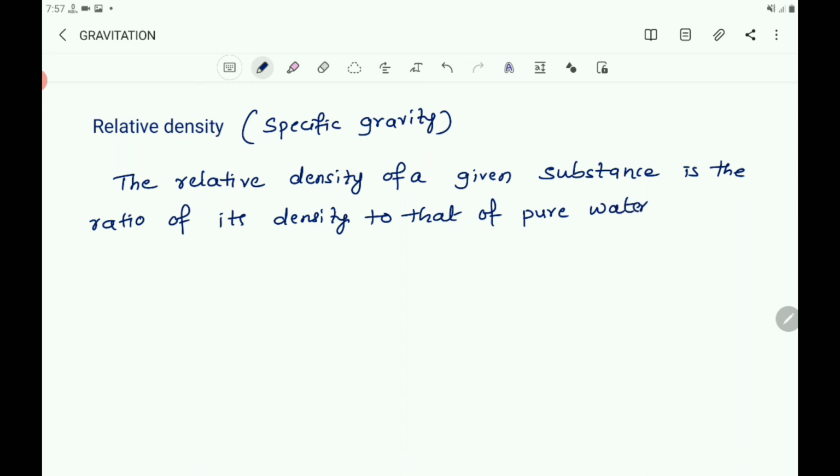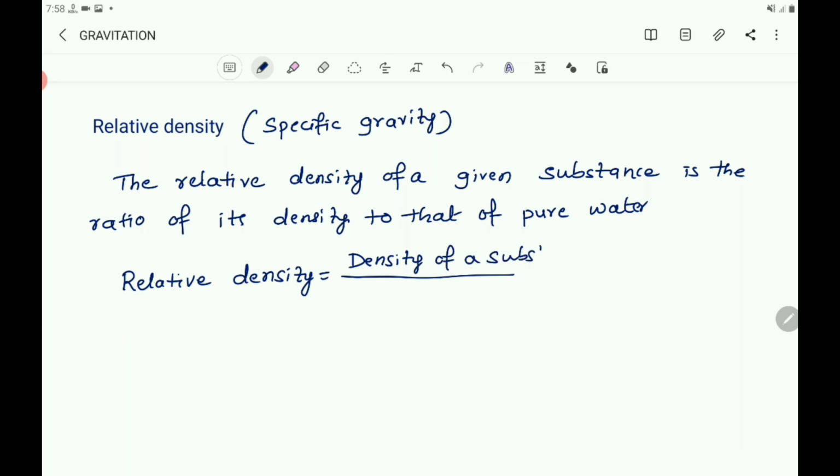So you write relative density equals density of a substance divided by density of pure water, or you write shortly density of water.